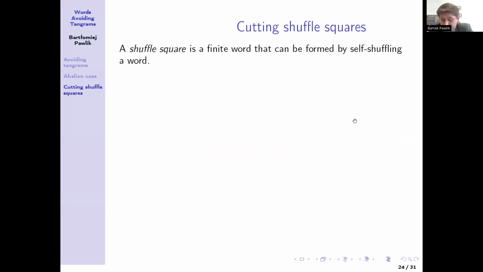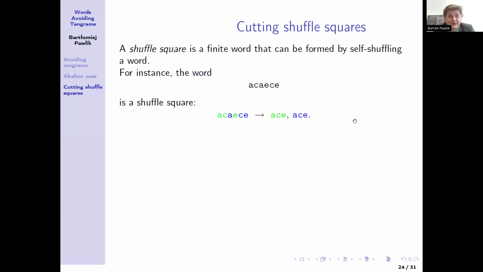And the last thing here about avoidance is avoidance of shuffle squares. Shuffle squares are a very nice part of combinatorics on words, and we like to look at them very intensively lately. A shuffle square is a finite word that can be formed by shuffling a given word with itself.